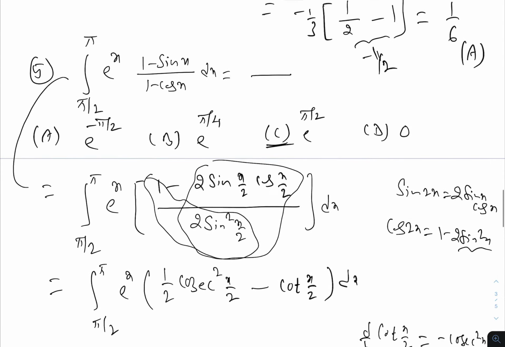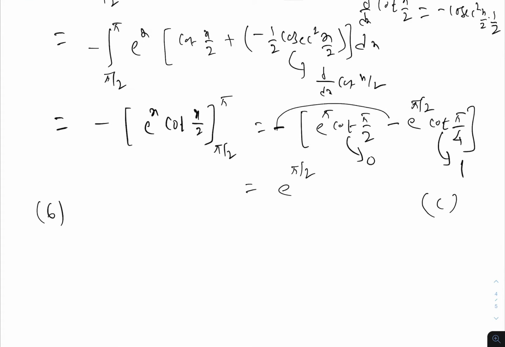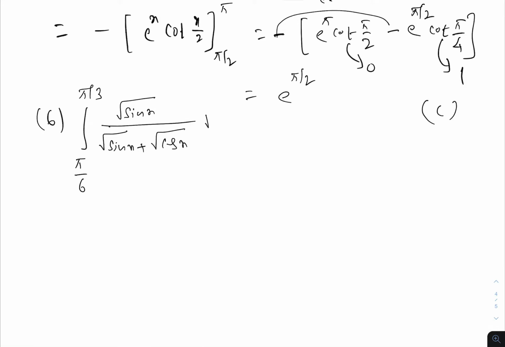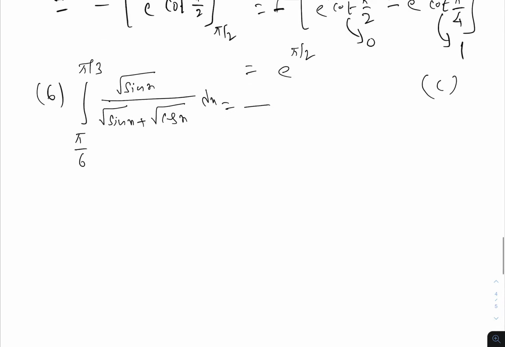Let us take one more example. Integration from pi by 6 to pi by 3 of root sin x over root sin x plus root cosine x dx is blank.